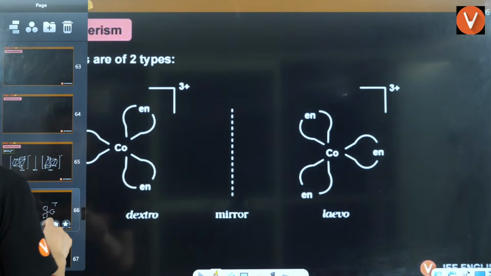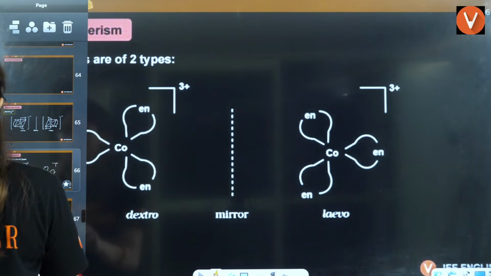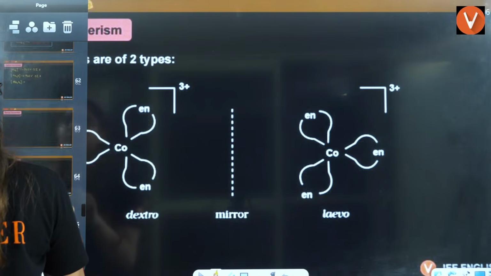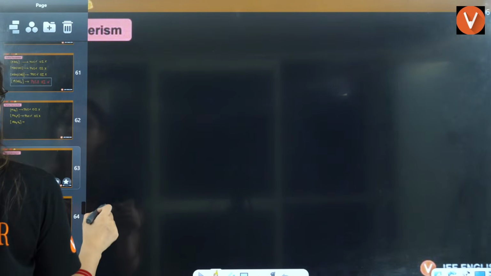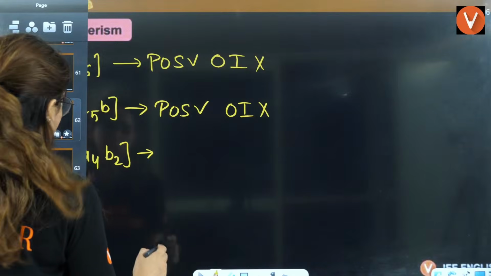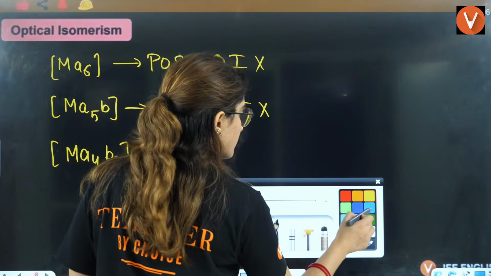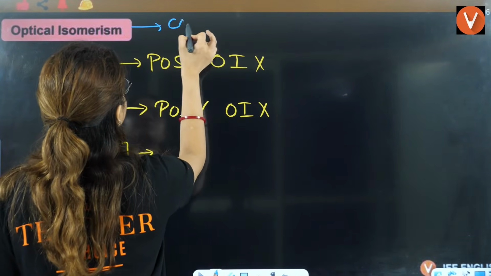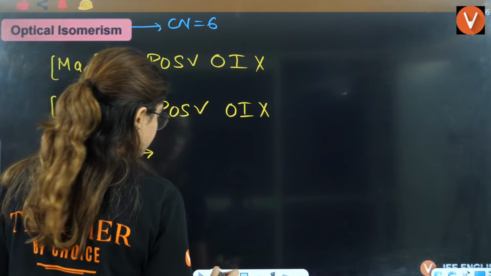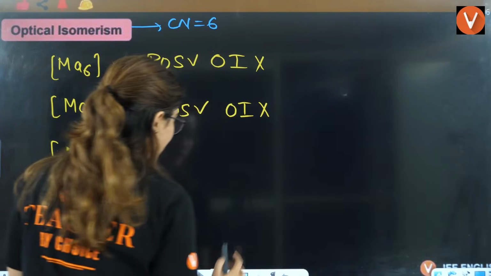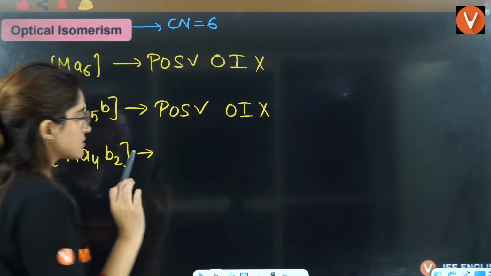It's not given here, so I'll draw it. I would advise you to write here coordination number 6. I would like to draw it here, because here it will exist.